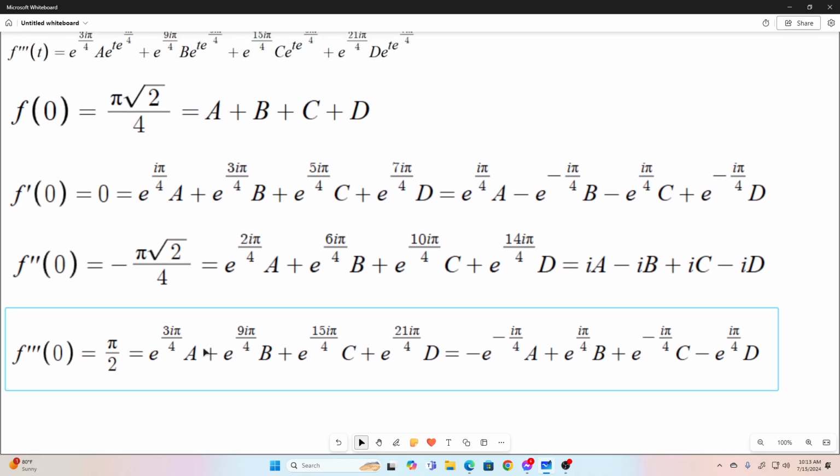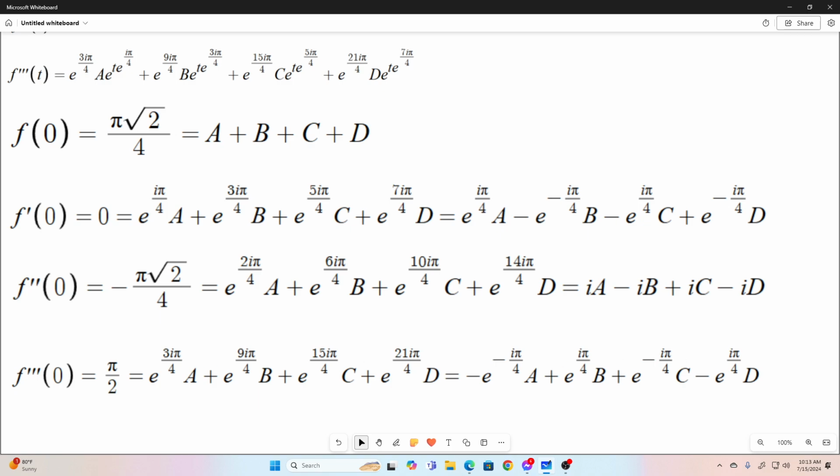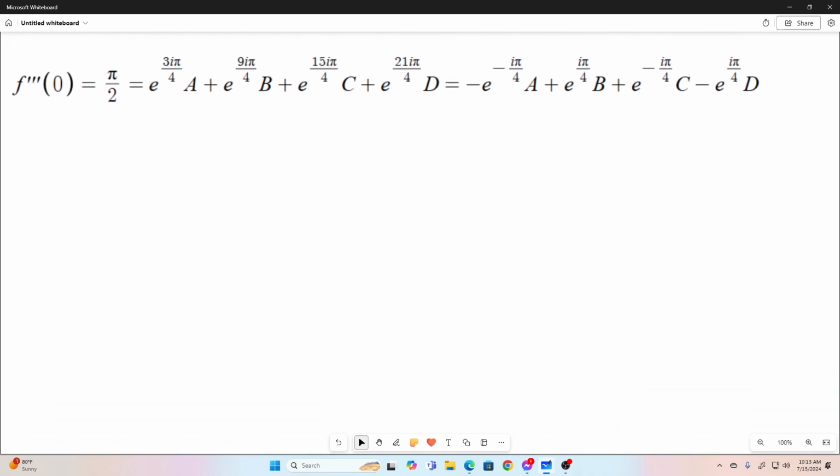Okay, so where are we going from here? Well, we have the following system of equations, which I'm going to go ahead and paste down below here when I come back.